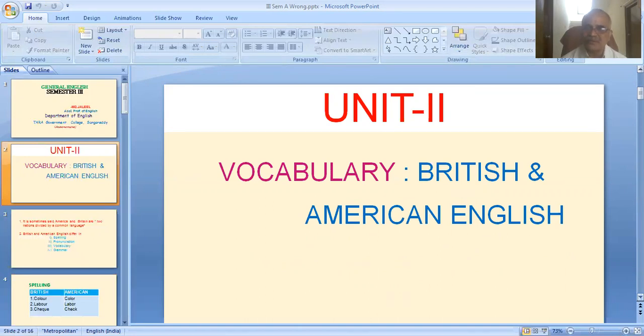So in the previous presentation, we completed some basic things related to British and American English, the differences between these two languages used by these two countries.